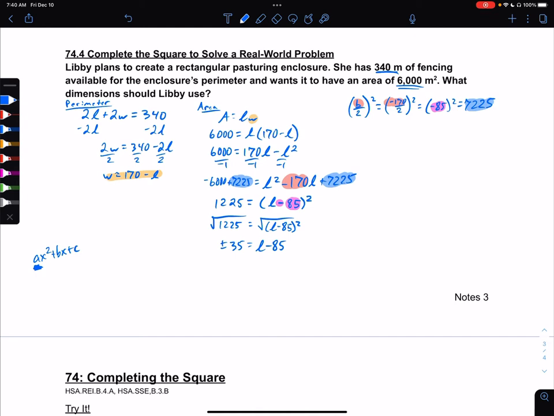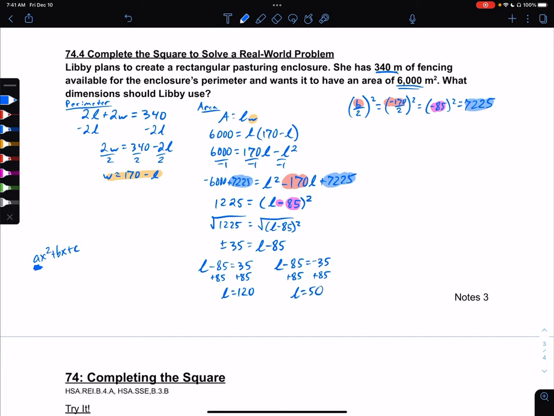So we create our two equations: L minus 85 equals positive 35, and L minus 85 equals -35. Solving for L, L is equal to 120, or L is equal to 50.